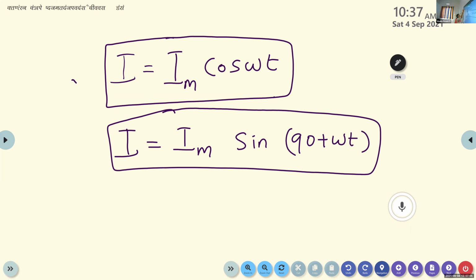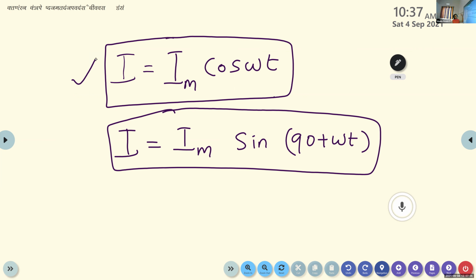So this is the result we obtain whenever an alternating source of EMF V is equal to Vm sin omega t is applied to a capacitor with capacitance C. The current generated is given by I is equal to Im cos omega t. But we know that alternating current varies as a sine function with respect to time, and here we provide an alternating source of EMF V is equal to Vm sin omega t in terms of sine function.